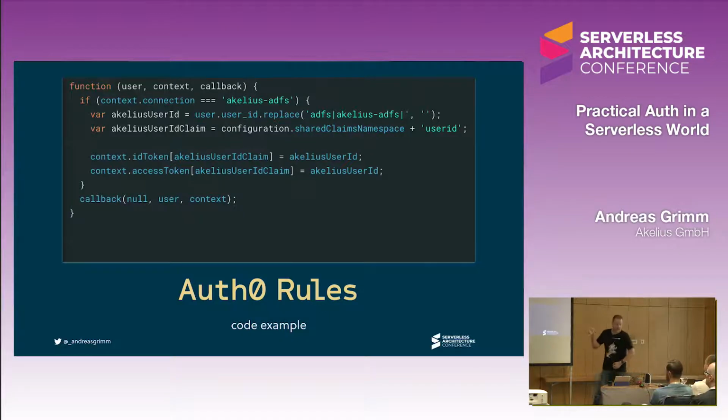This is a really simple example, but you can do HTTP requests there. Use request, promise, or whatever library you like. And for example, you can send requests to other authorization systems, legacy systems where you have some authorization information, and get this information out of this other system and put it in your token.